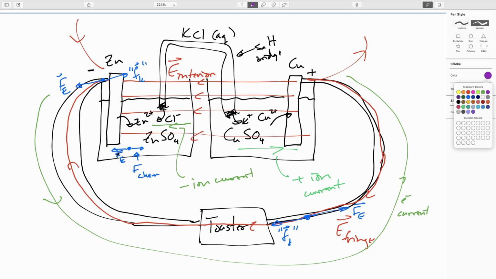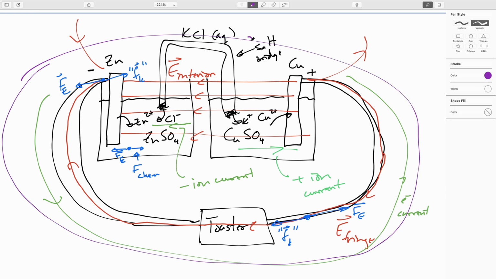So the conventional current associated with the negative ion current is still also going left to right. So all of our current in the battery is going left to right. So that's just, again, more clockwise. So both inside the battery and outside the battery, our conventional current is flowing clockwise.